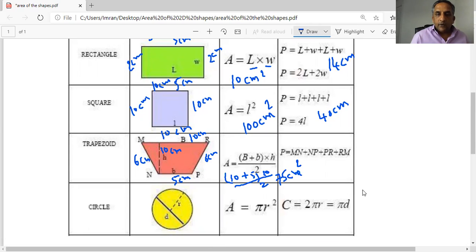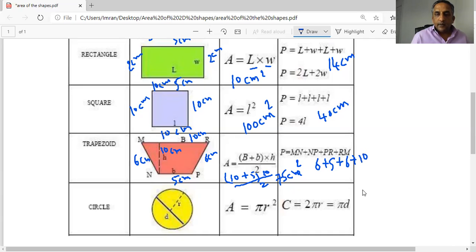And now for perimeter, what we do, we add MN, NP, PR, and RM. So MN is 6, NP is 5, P to R, the length is 6, R to M, the length is 10. So we add all the sides, so we'll get the perimeter. So I'm just going to do it. It will be 6 plus 5 plus 6 plus 10.